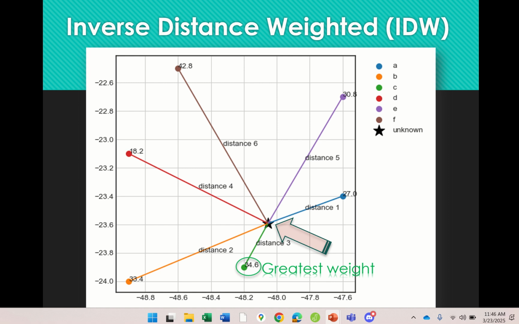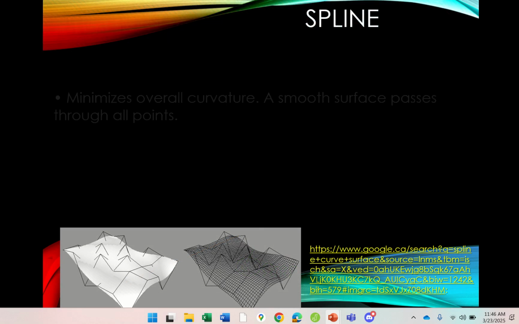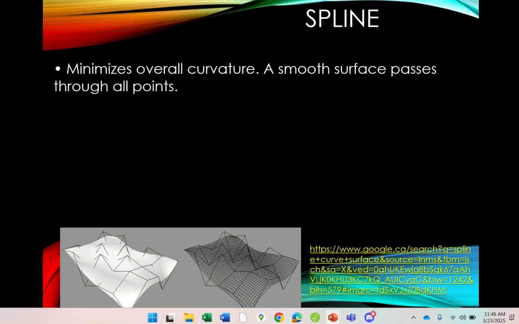This is essentially what inverse distance weighting means: the closer the observed point is to the point you're trying to predict, the more influence it has. The furthest point is going to give the least weight, and all the other points in between have an intermediate amount of weight in determining the interpolated value at the star. So that's inverse distance weighting, the most straightforward way to do spatial interpolation.